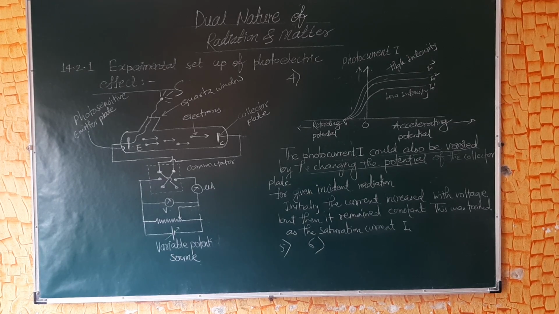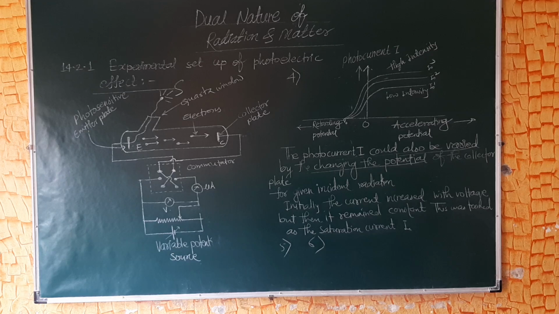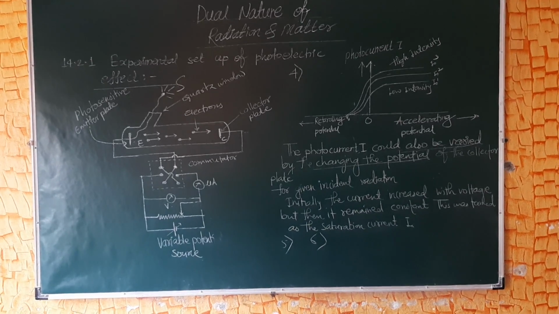It did not depend on the intensity of incident radiations. For very small incident intensity, if the frequency was larger than the threshold frequency, the kinetic energy from a given surface was always the same. Next, the seventh property.